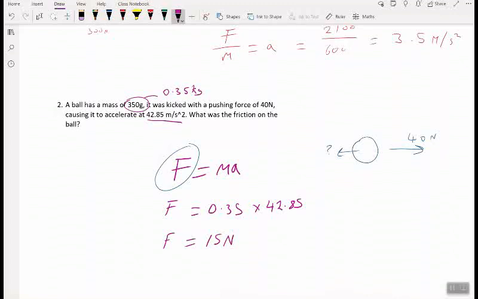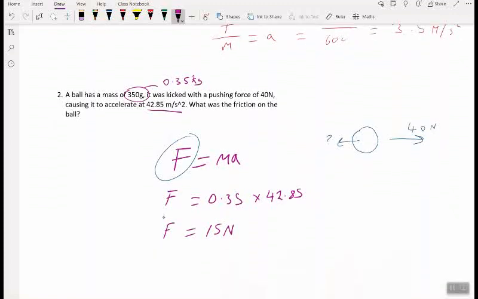So is that my final answer? Not quite. That is the resultant force. It's the leftover force that's causing it to move and accelerate in this direction. So I need to think, if F is equal to 15, what must the friction have been to give me 15? The forward force was 40 minus some frictional force, and the leftover force, this resultant force, is 15.